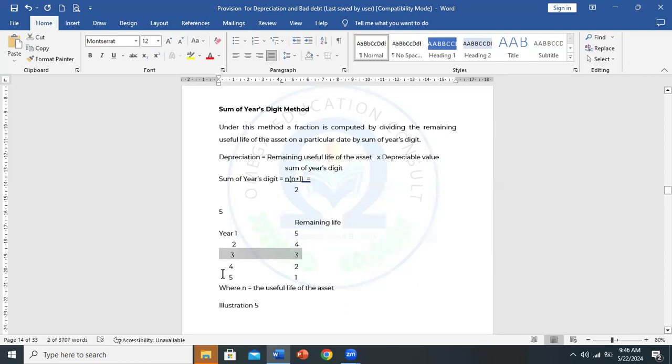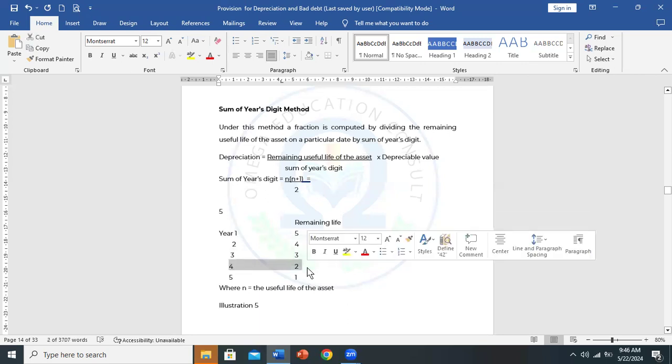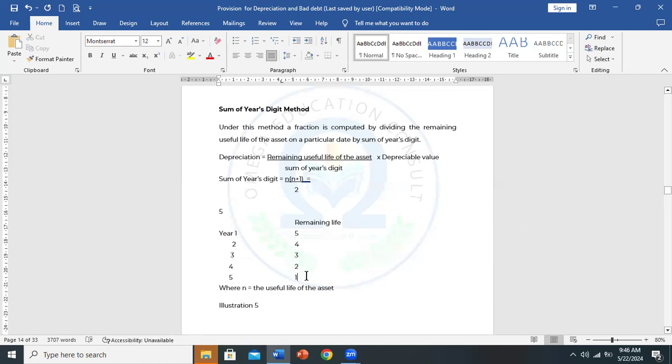If you are asked to find depreciation in the fourth year, you know the remaining life is 2. It looks a bit tricky, but it's very simple. So are we okay with how to calculate the remaining life? Yes, I want to believe so. There's a formula, but I won't worry with the formula because most of the questions that come, the years are not too long. So you can go through the arrangement and get the remaining life.